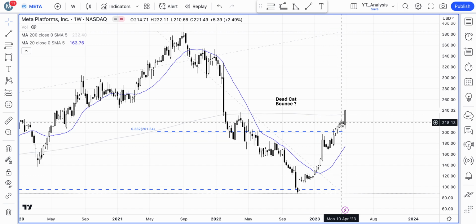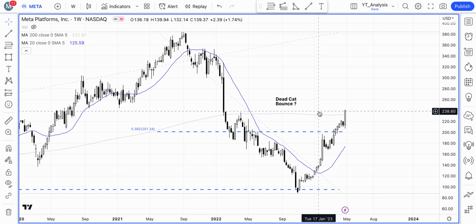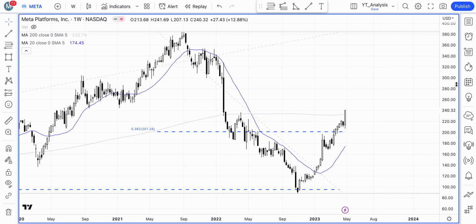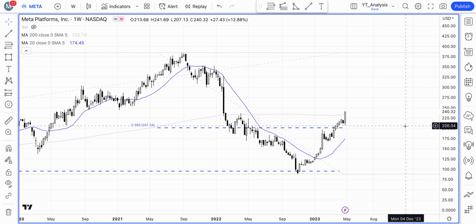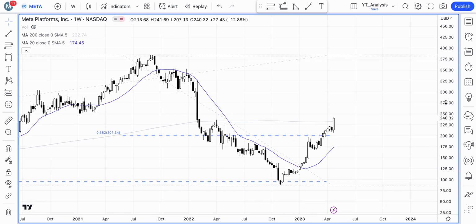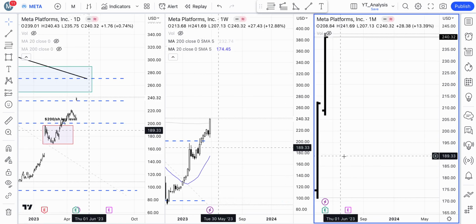And from a momentum perspective, the price is now above the 20-week moving average and also closed higher on the 200-week moving average longer term. So that's good. So I'm going to remove this because the stock looks pretty good from a momentum perspective as well, and we are just going to watch the price action going forward in the stock.